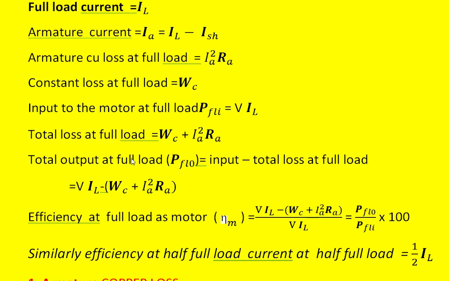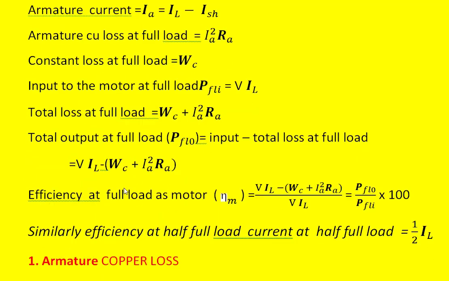So we know the output and we know the input. We can calculate the efficiency of the motor at full load condition, that is eta M is equal to output, that is VIL minus (WC plus the copper loss of the armature at full load conditions), divided by input power, that is V into IL.